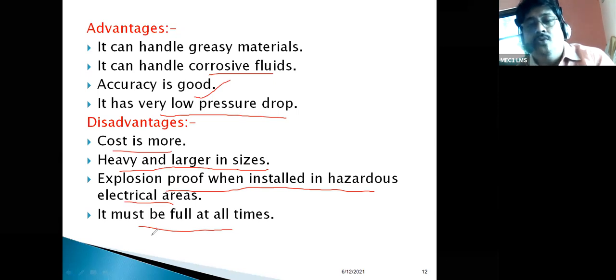For that, we have to measure the flow rate, and if the electrical connections are mismatched, it is very difficult. That is a hazardous electrical area.